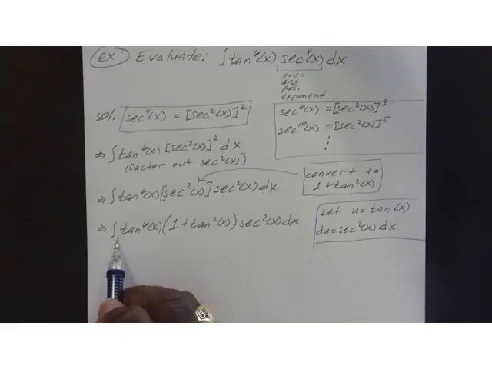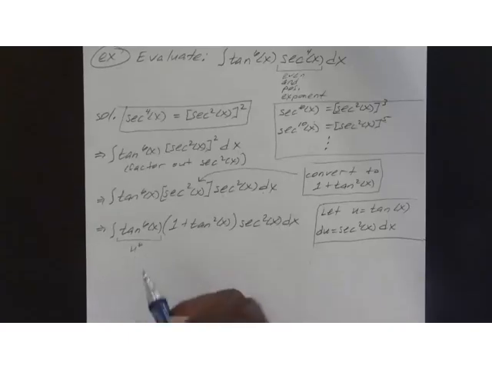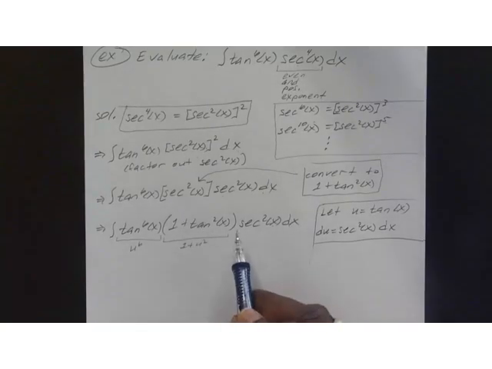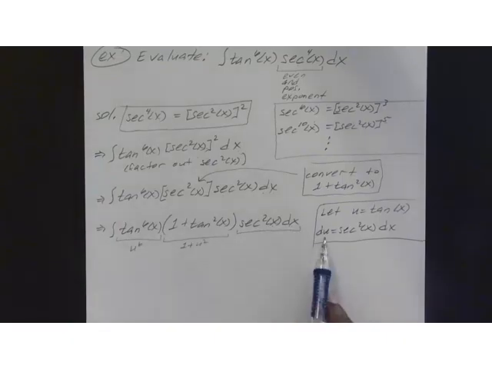Okay, so this tangent to the 6th power, that just becomes u to the 6th power. This 1 plus tangent squared, that becomes 1 plus u squared. This secant squared of x with respect to x, that just becomes our du.